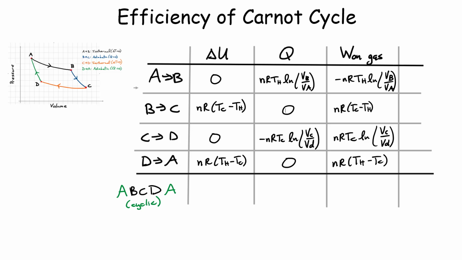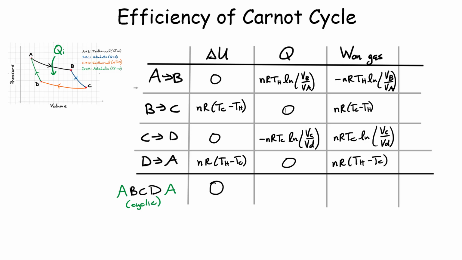And yeah, just keep that in mind, because at the end, really what we're going to be interested in is, well, what if I consider the whole process, going through all of these 4 processes? If I add all the quantities together, well, look what happens, right? If I add up all the quantities for the change in internal energy, we said it's a state variable. So I go back to the same temperature, there is no overall change in internal energy. Now, if I go ahead and calculate the heat, I know that there is heat going into the system over here.